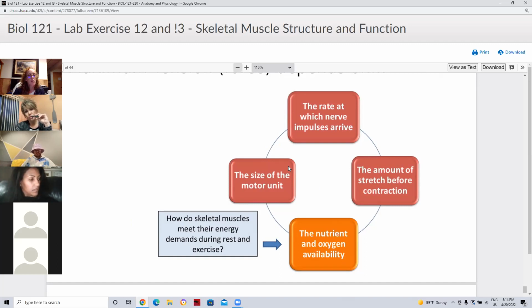This has to do with the nutrient and oxygen availability. The two things that are really needed here are glucose to make ATP and oxygen to make that ATP from glucose.